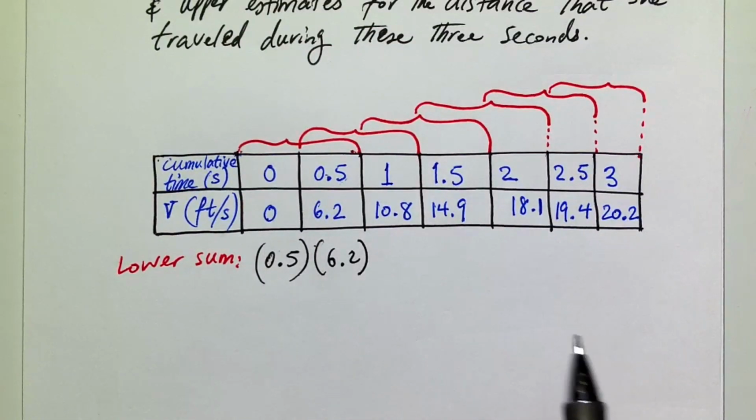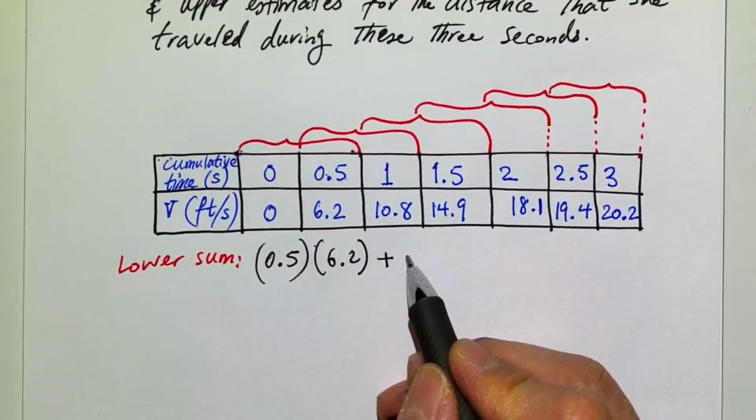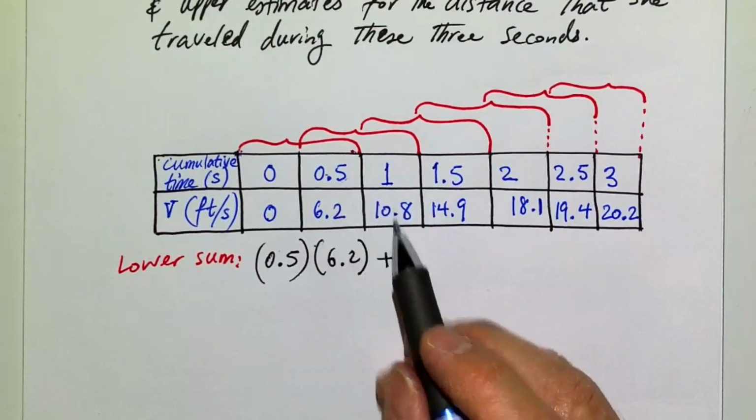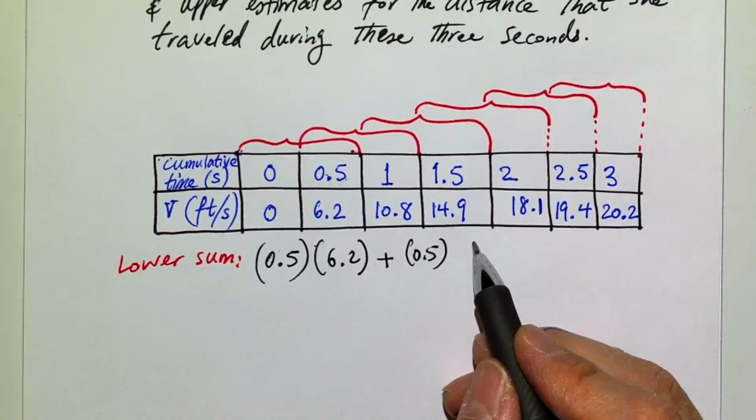And then 0.5 times 10.8, the interval times 10.8.